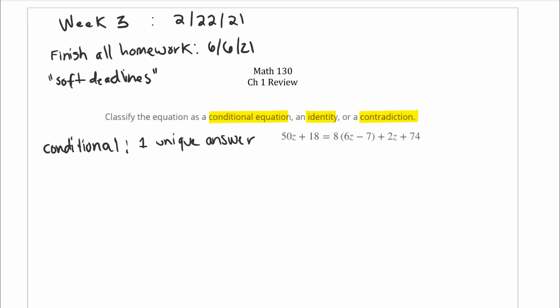Okay. So now if I go to, let's say, identity, the identity is making sure that you know that if you have the same number equal to the exact same number, then this is really going to be all real solutions. And our next definition is contradiction.